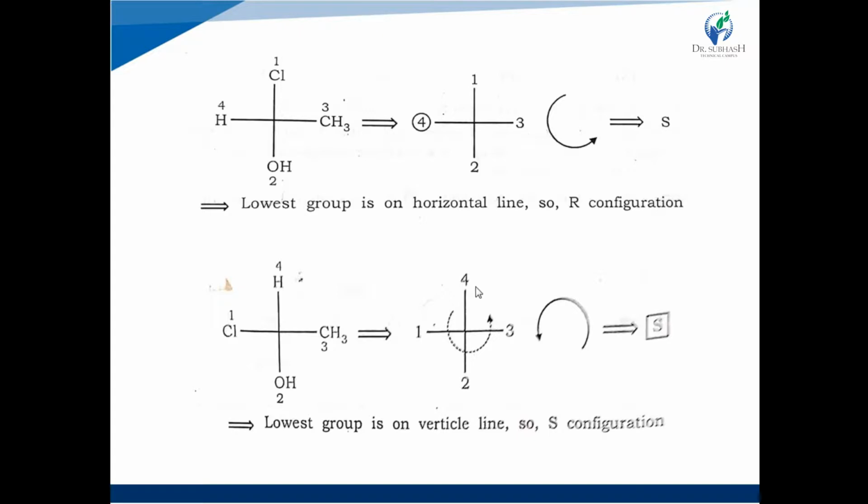So it is S configuration, and see in this enantiomer, the lowest priority group is on a vertical line, right? It is away from us. That's why there is no need to rotate the groups or atoms present on the chiral center, right? That's why there is no change in configuration, right? It is S configuration as obtained, right?